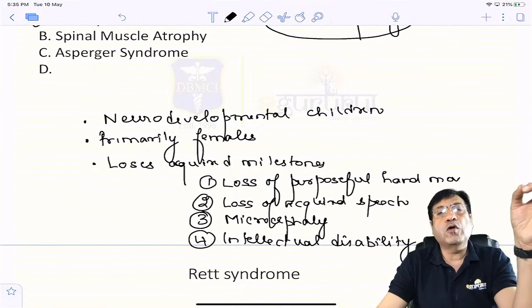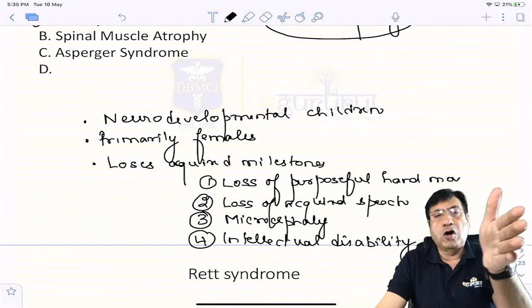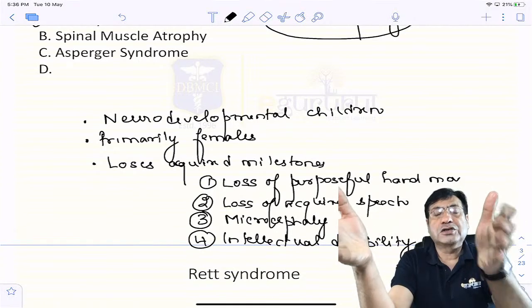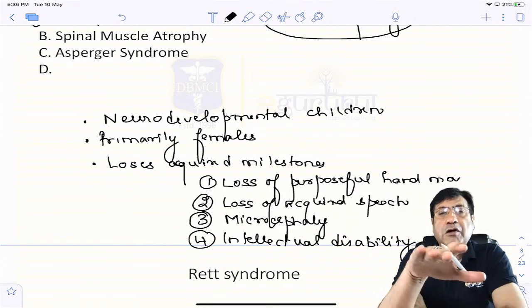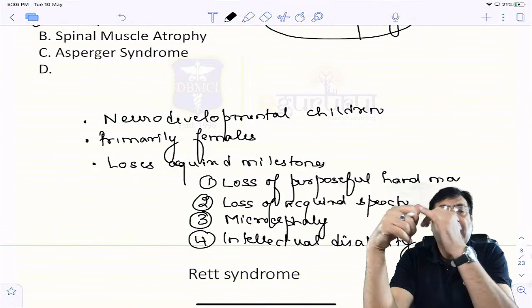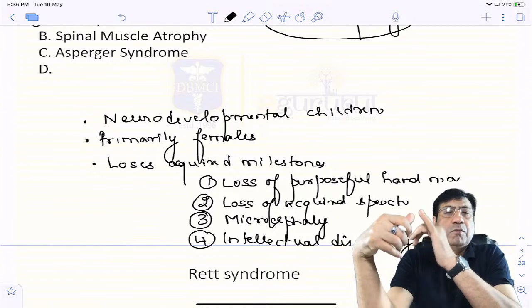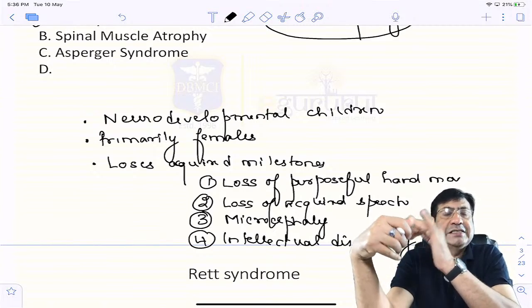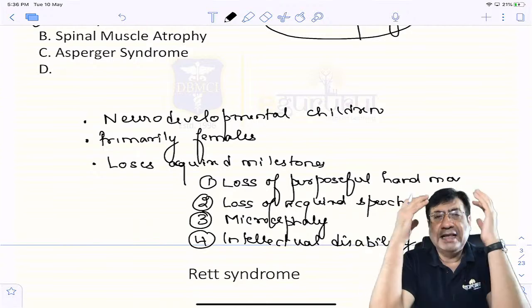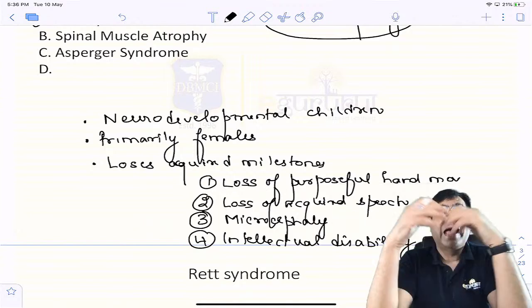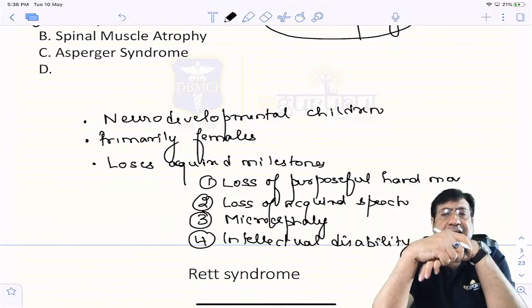Any child who follows this pattern, normal development of milestones till around 18 months to 2 years, followed by regression and loss of the already acquired milestones, followed by a stabilization state. But by this time, the child has already lost most of the acquired activities, such as purposeful hand movements and acquired speech. Their head does not grow normally, resulting in a small head of microcephaly, and they also have intellectual disabilities.